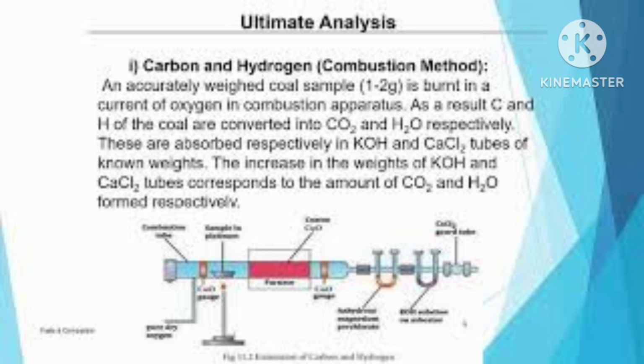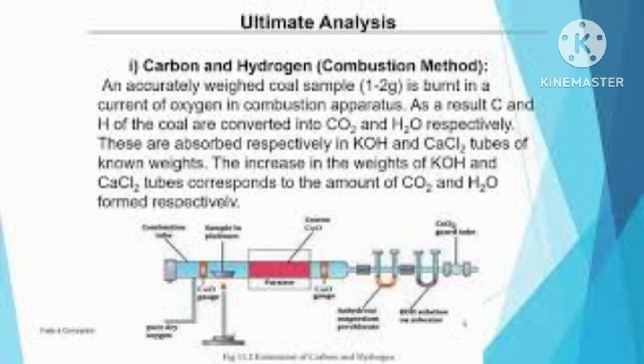First you add FeSO4 to the sodium fusion extract, plus concentrated H2SO4. In total, three things I have added: sodium fusion extract plus FeSO4 plus concentrated H2SO4. Then you will get new things.